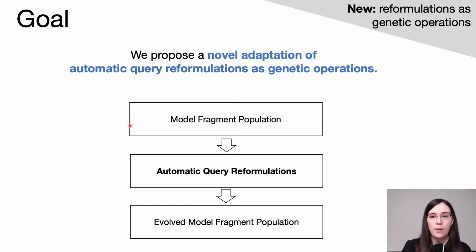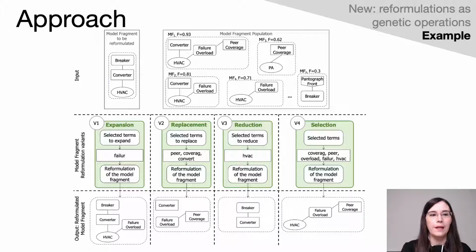From a model fragment population, the automatic query reformulations are used in terms of model elements to evolve the population with new model fragments. For example, here we have different model fragments that conform a model fragment population and a model fragment to be reformulated.